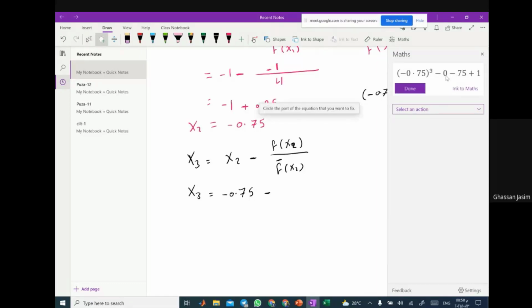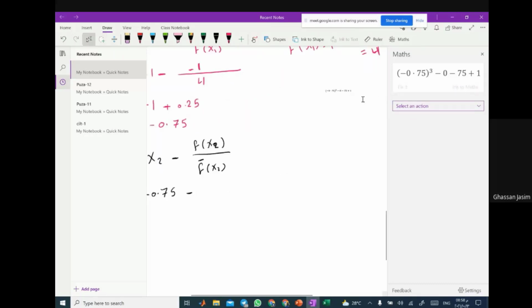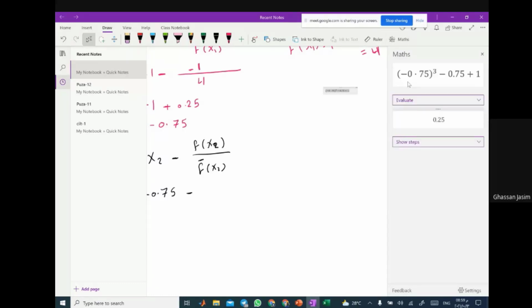Who can help us? Evaluate. This will be what? That's true. It will be 0.25.